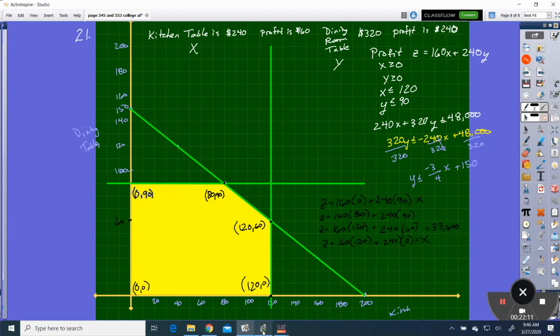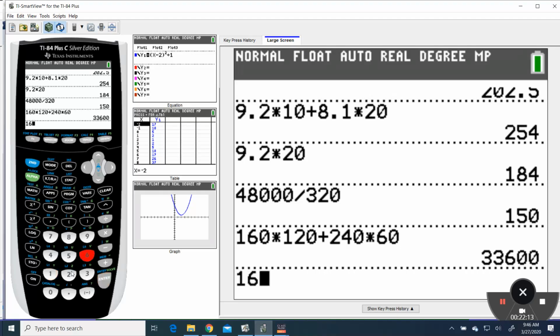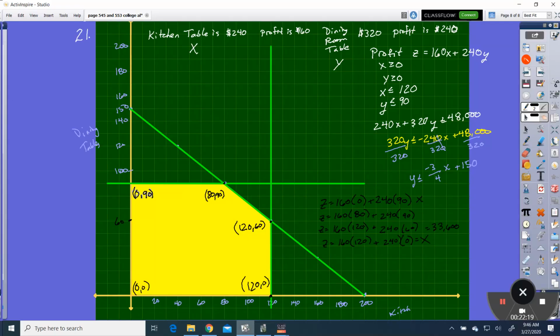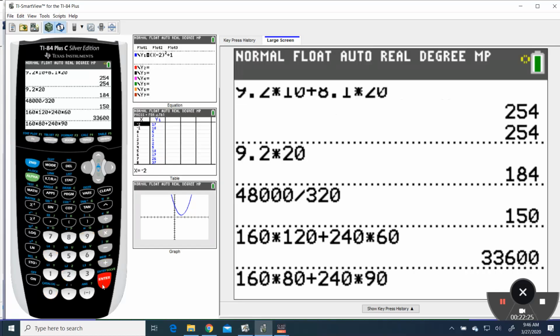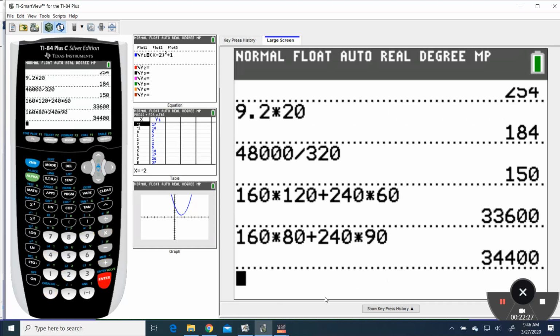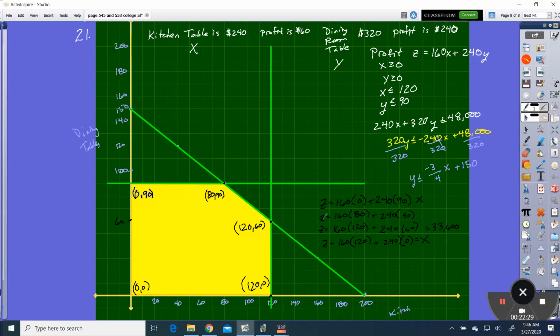So 160 times 80 plus 240 times 90. So 34,400. So our maximum profit is right here.